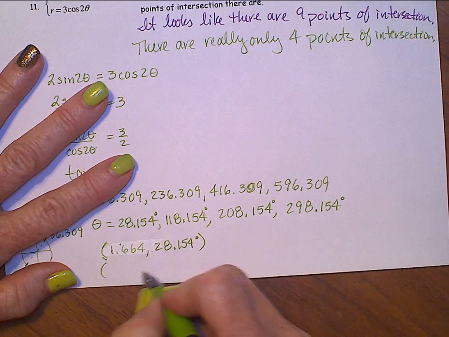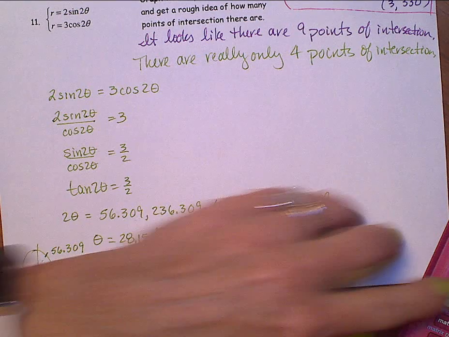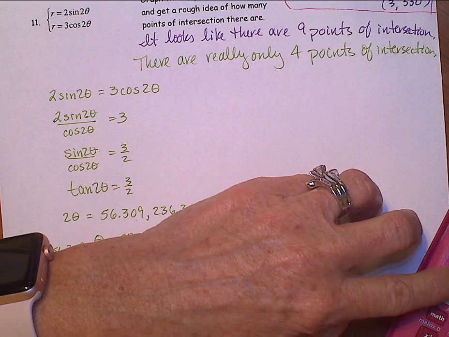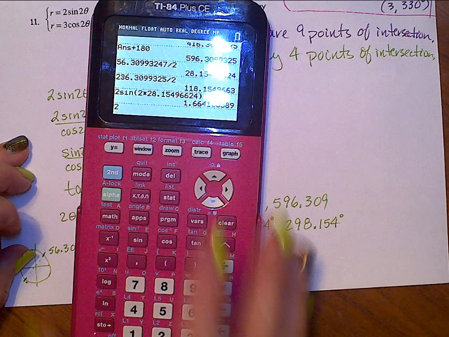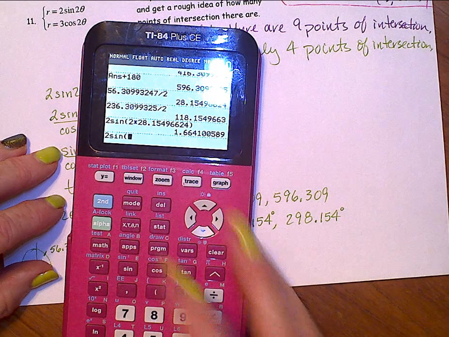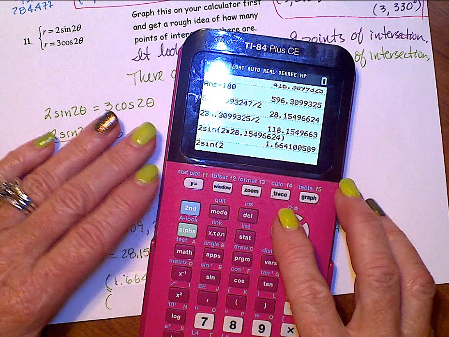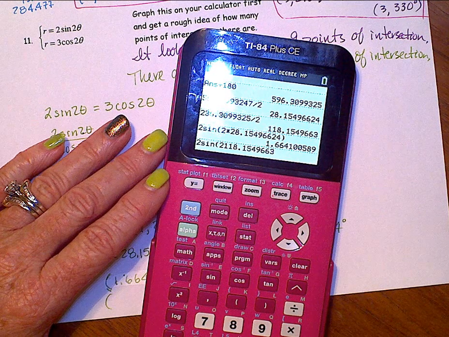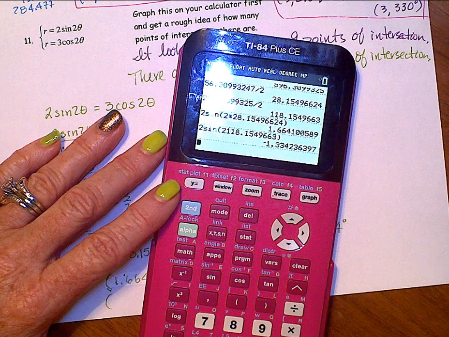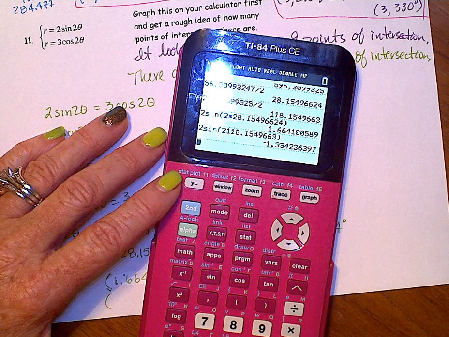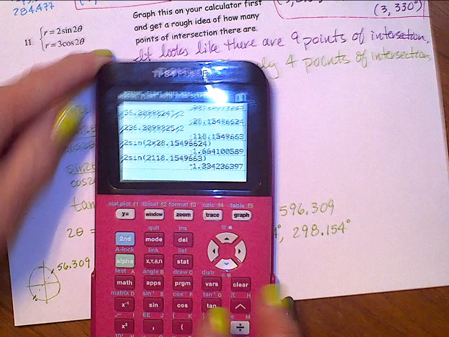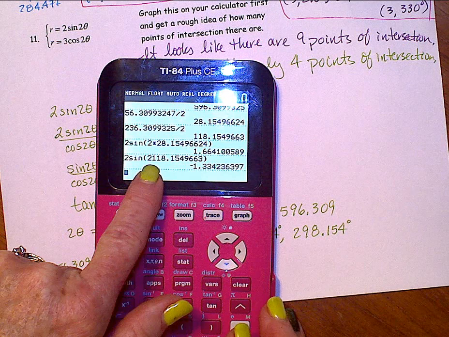Let's find the next one. So I am just going to go back to sine 2, and then it was that 118.154, and that's, uh-oh, I have an extra 2 in there. Oh, because I forgot my times in here.